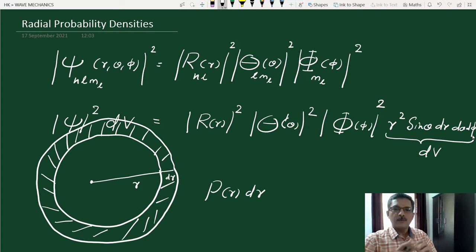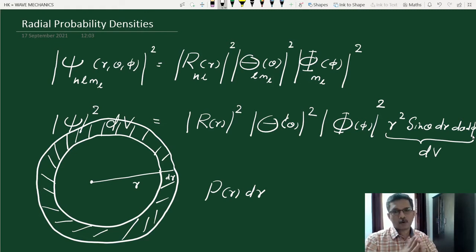Now, in order to find this, what we can do is we can take this probability from the previous steps, that is psi square dV. It is the probability of finding the electron in a volume element, right? Now, what is the probability of finding the electron between r and r plus dr? Then we are not worried about, we are considering all possible positions which are lying at a distance r from the nucleus. So we are not worried about the angle. So we can consider all possible angles, right?